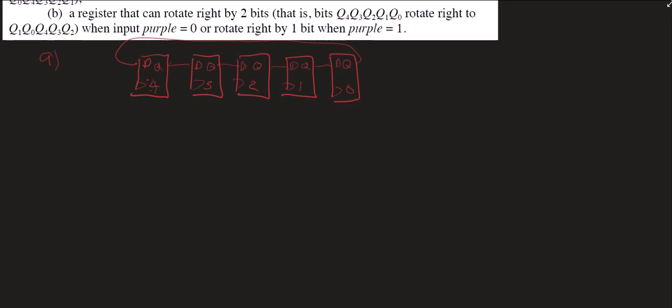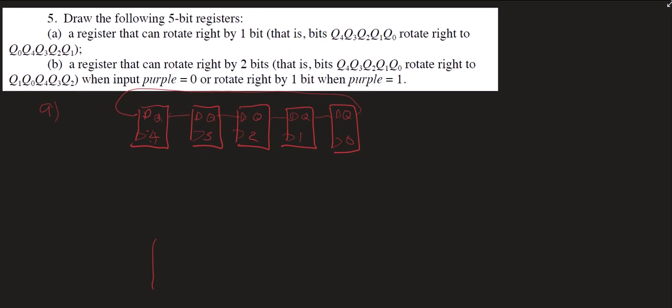Okay, now the next one is a little harder. Would you draw it the same if it was the normal 4, 3, 2, 1, 0? Like, what would be different if you didn't shift it at all? Well, there wouldn't be a wire.